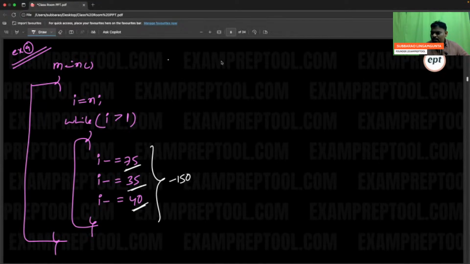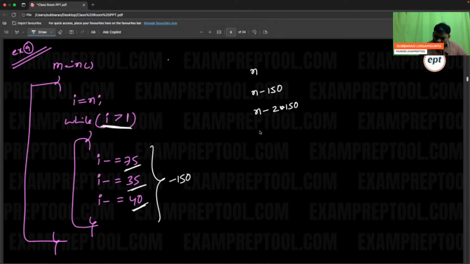I is initially n. Everyone listen. I is initially n, so continue. The I value becomes 1. Let's check. Initially n is there. Next one, n minus 150. Next one, n minus 2 into 150.